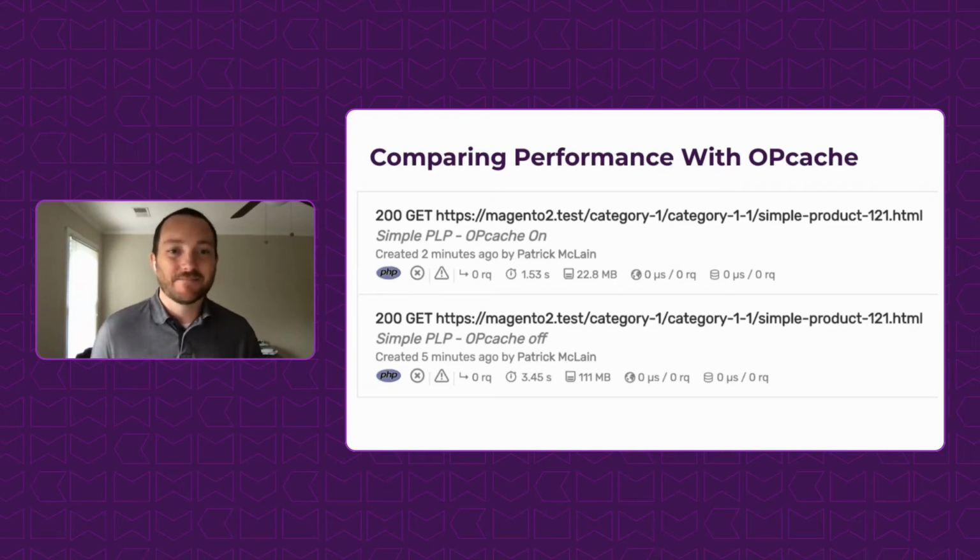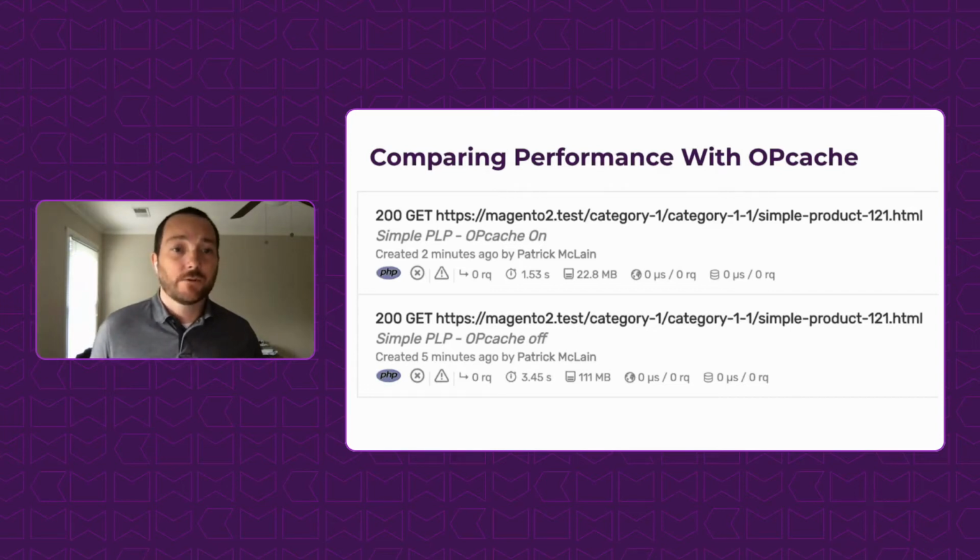These are really results from my local MacBook Pro, so they're almost worthless. But you can see at the bottom, op cache is completely disabled. We're loading a simple product page. Our response time is about 3.5 seconds, and it consumes about 110 megabytes of RAM.